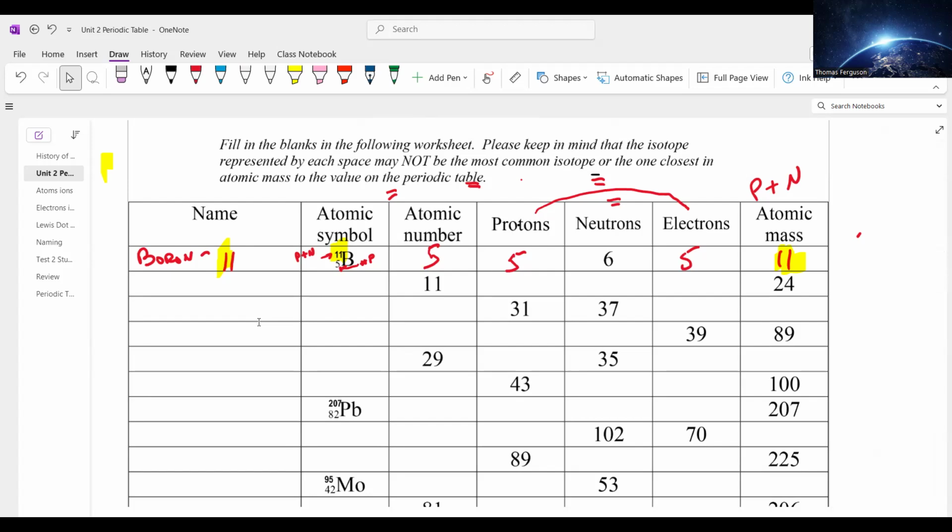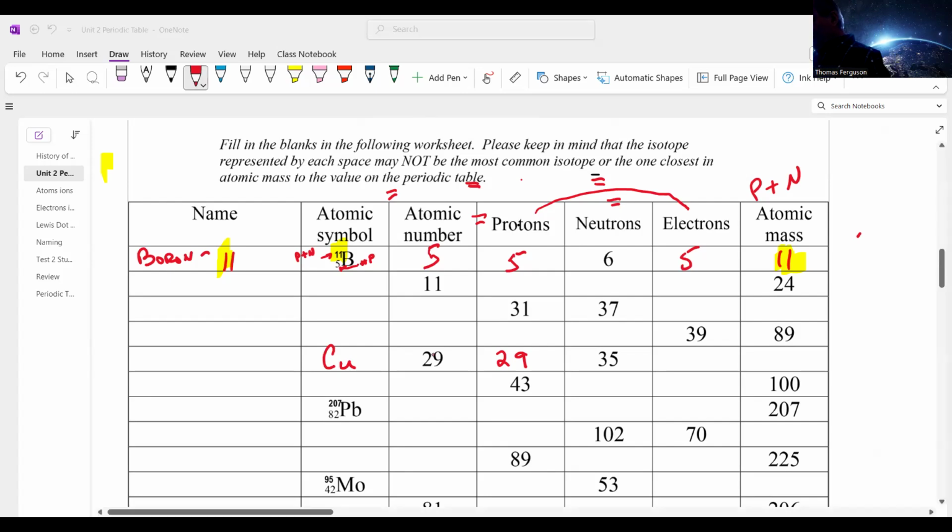All right. So let's go back to element 29. Element number 29. Someone said copper. Okay, so it is copper. And how many protons does copper have? 29. Remember, these are always equal. Correct. No exceptions.